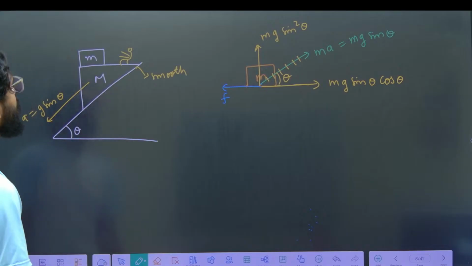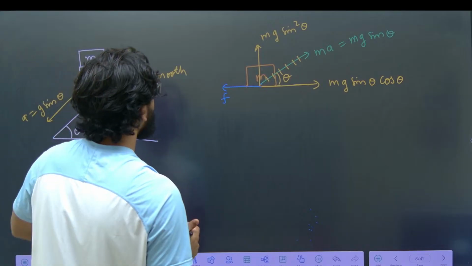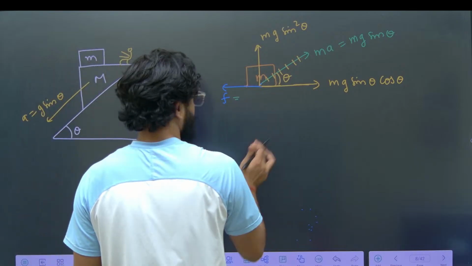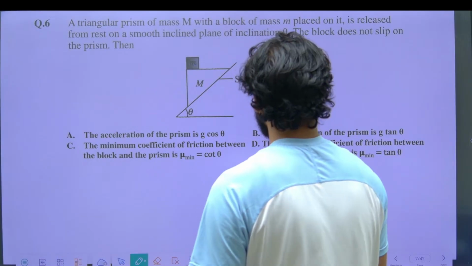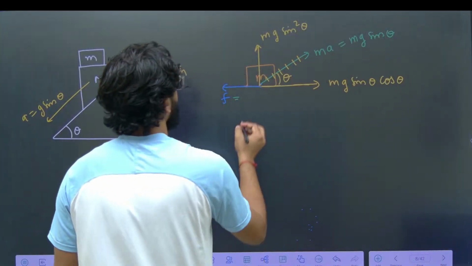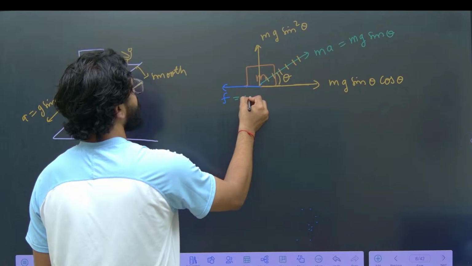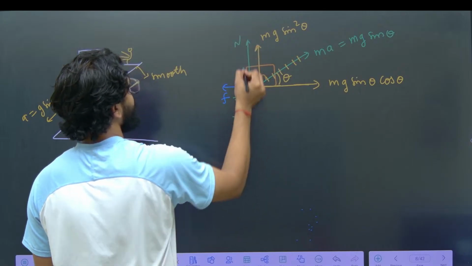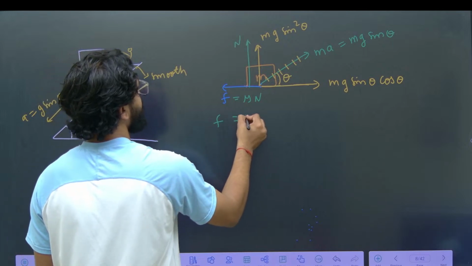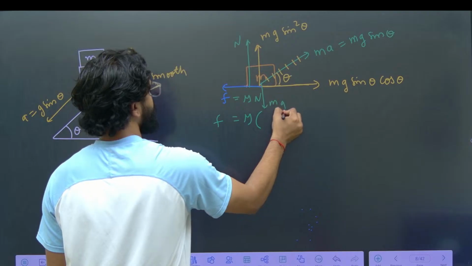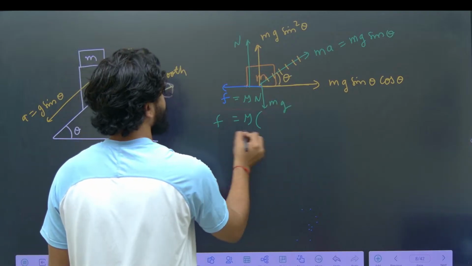Correct? Okay. So if it is not moving, firstly let's read the options, the minimum coefficient of friction. Okay. So F over here we can assume as mu N, and N clearly we can say will be mu into, over here it will be mg. Correct?